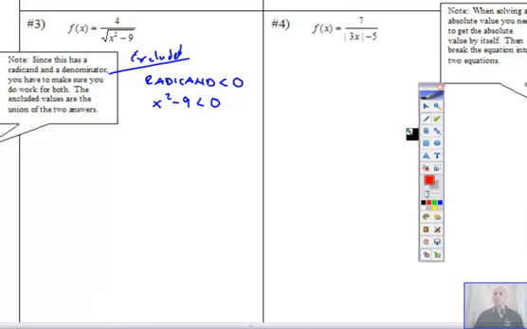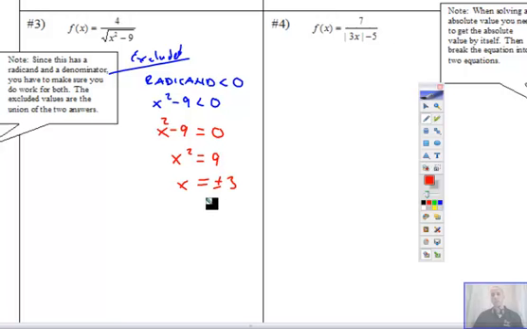I don't know what the best process is for mathematicians across the world, but this is what I do. I pretend for a moment that this is an equal sign, and I solve it. Solving this, I'm going to get x squared is 9, and I'm going to get x is plus or minus 3. When you square root both sides, you get two answers, a plus and a minus.